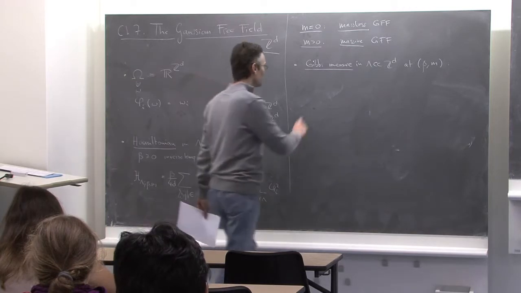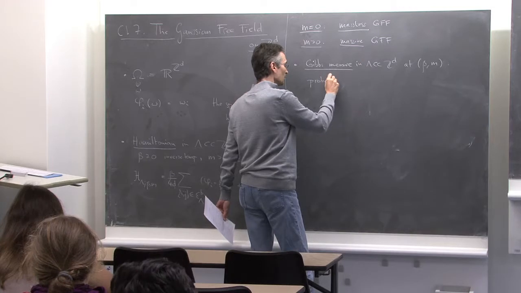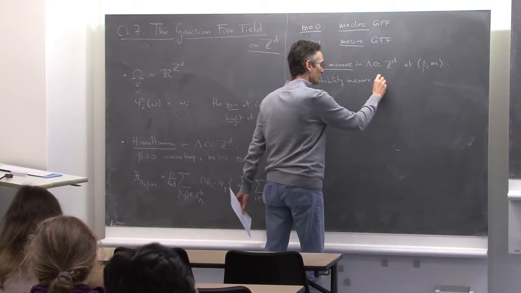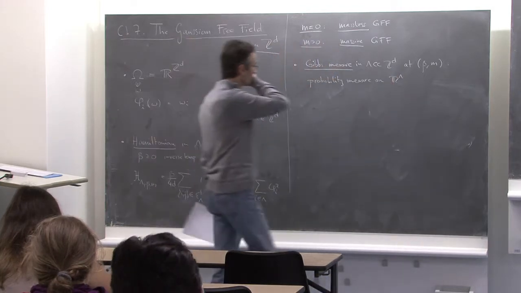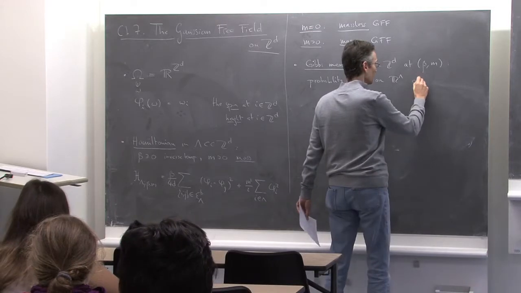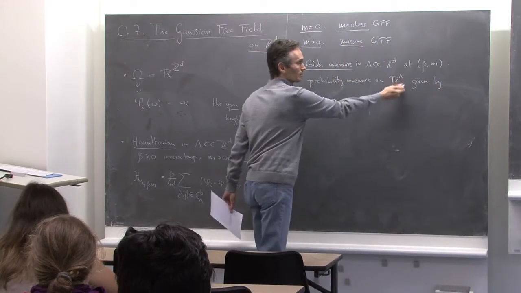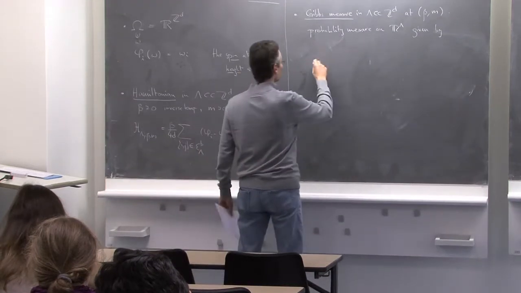I will see it as a probability measure on R to the power lambda, of course with the usual Borel sigma algebra, given by the following.